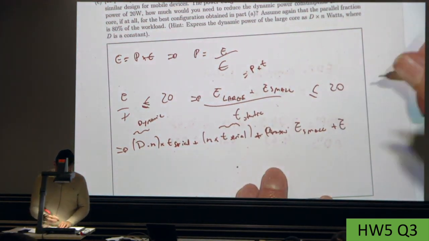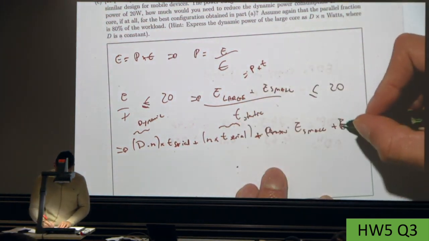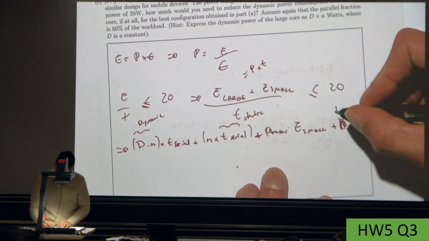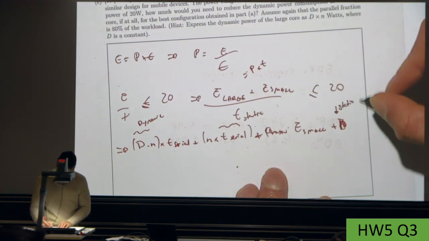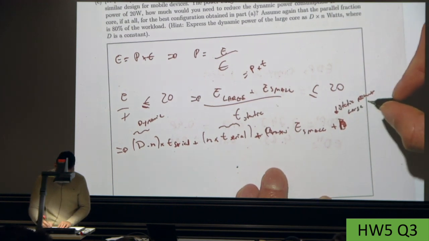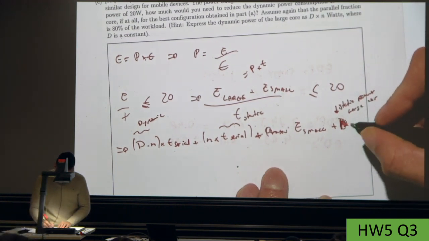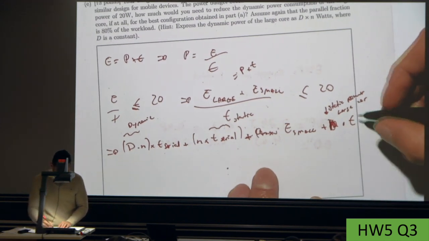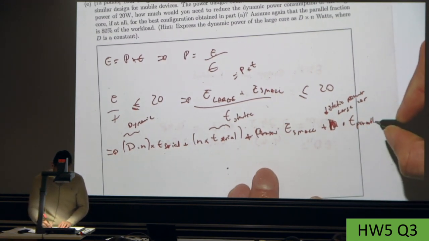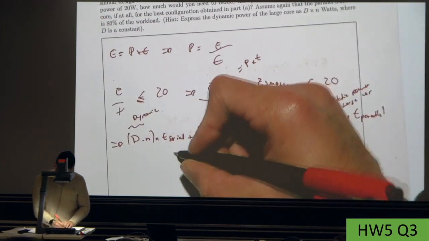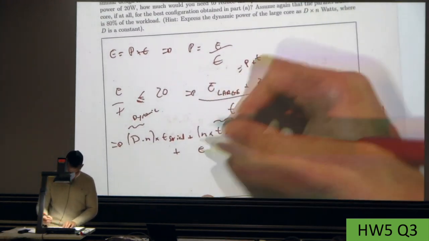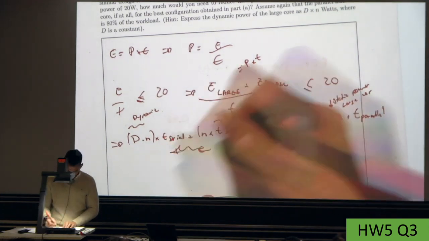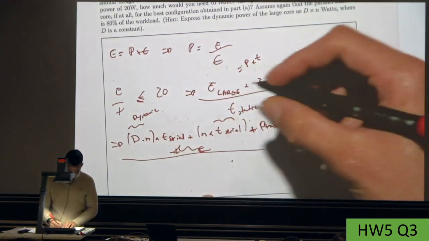So n, this is the static power for the large core, times the time that it is sitting idle, right? The parallel portion, plus the energy for the small core, which I already counted, so the equation is done, divided by the total time.